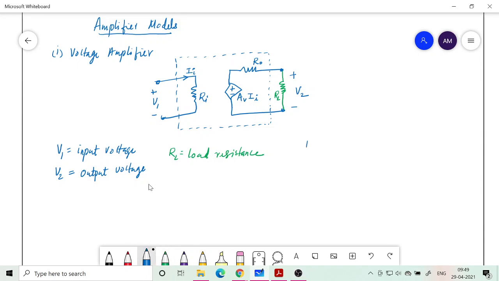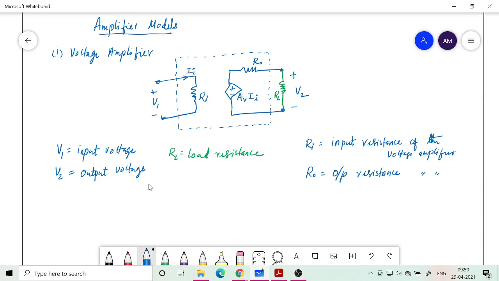Now there are other quantities which are part of the amplifier, which is RI and RO. So what is RI? RI is called the input resistance of the voltage amplifier, and then RO is the output resistance of the voltage amplifier.